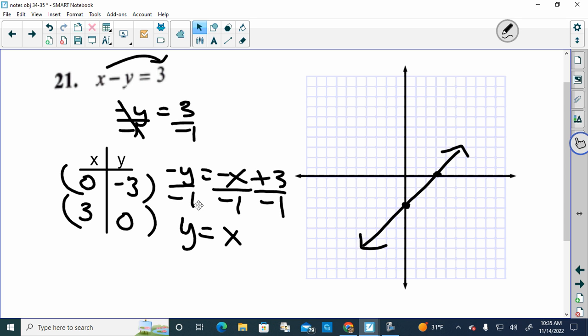So negative divided by negative is positive. And then this would give me a negative 3. Okay, so it crosses the y-axis at a negative 3. My slope is up 1 over 1. Okay, up 1 over 1, up 1 over 1. It's still the same one. Okay, so either one's going to give you the same line. You good? Okay, last one of this.